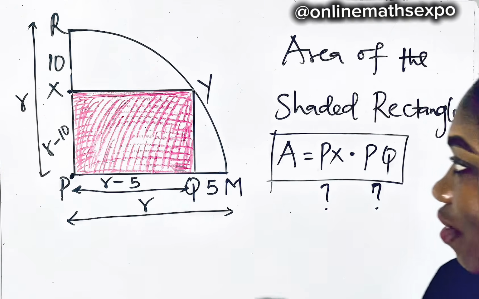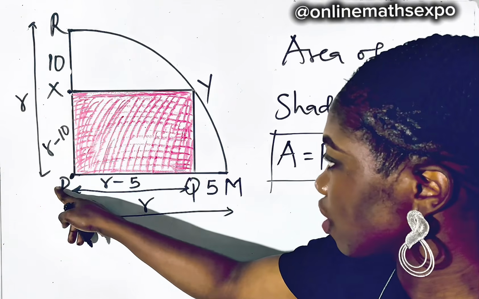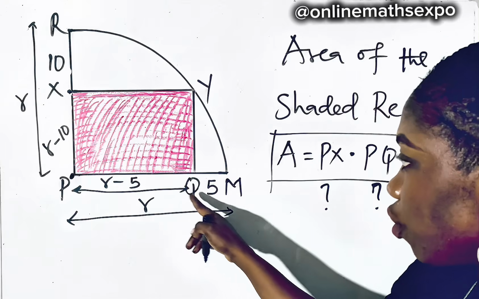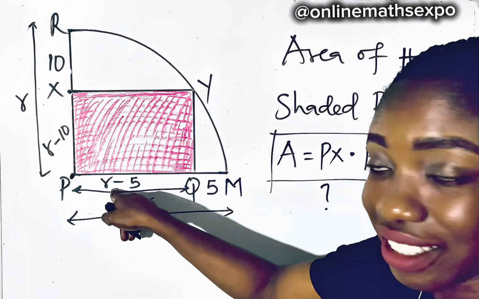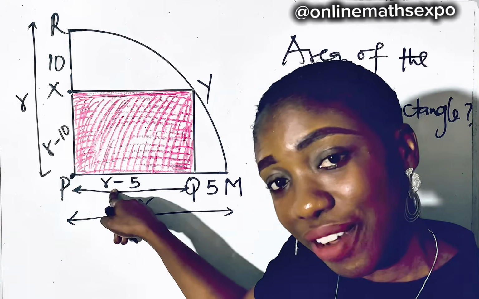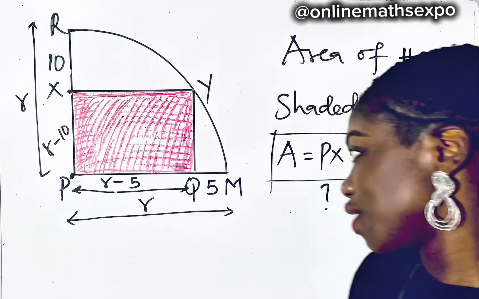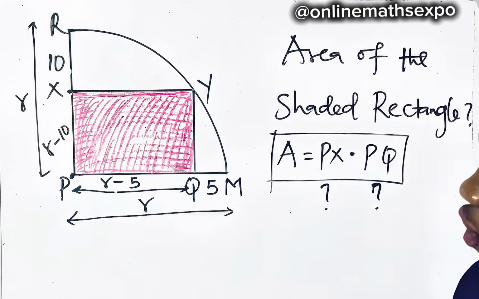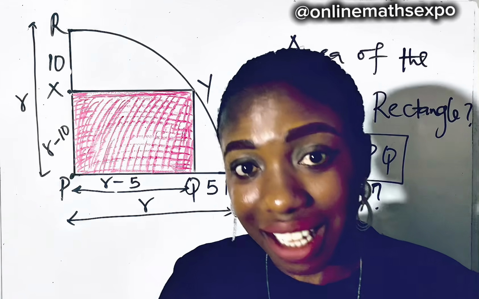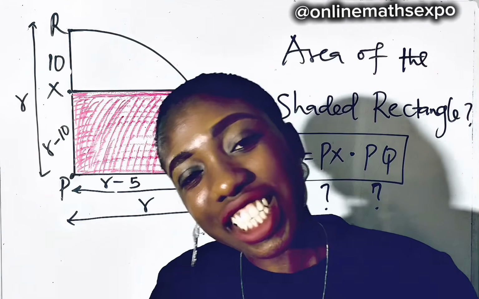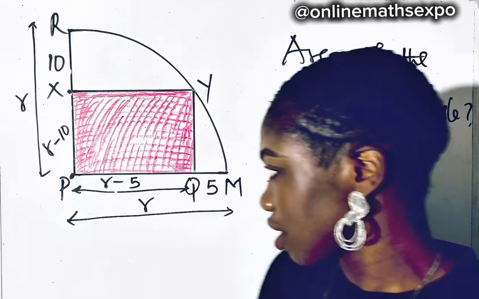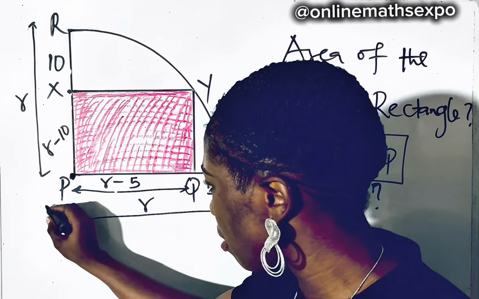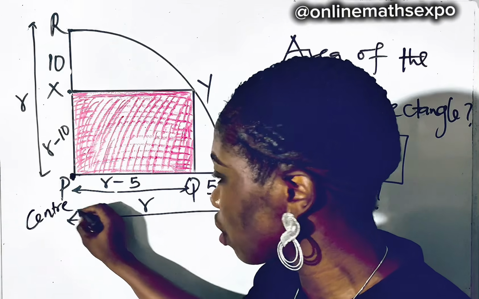You now observe that we have identified length PX and length PQ. But the question is, how do we find this R? If you can find the radius R, then it makes it much easier for us. Now, what we should do next is, remember that the radius is the line from the center touching any part of the circumference. This point P, we remember, is the center of the quarter circle.